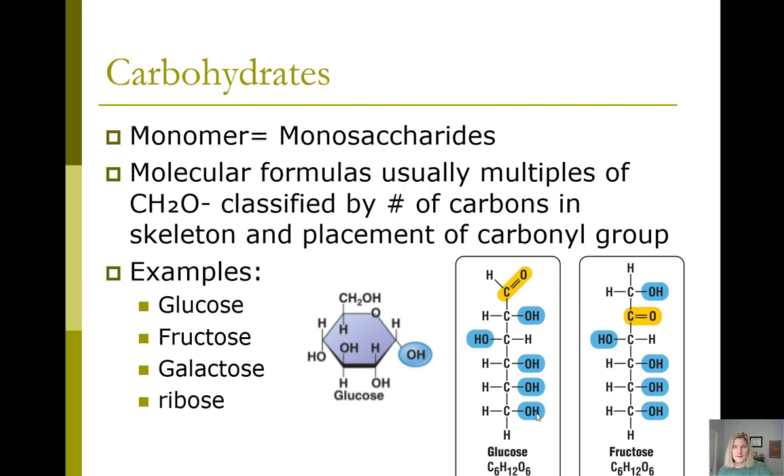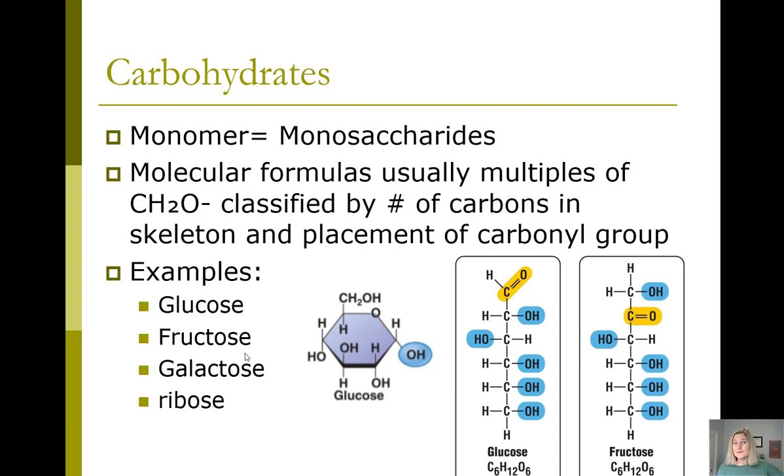Was that an isomer? Okay. So basically what we do is we classify the carbons, the number of carbons in the skeleton, and the placement of the carbonyl group. So that's going to determine what type it is. So glucose and fructose, they have the same molecular formula, but their carbonyl group is different. Okay.